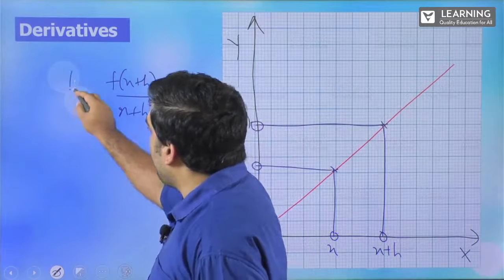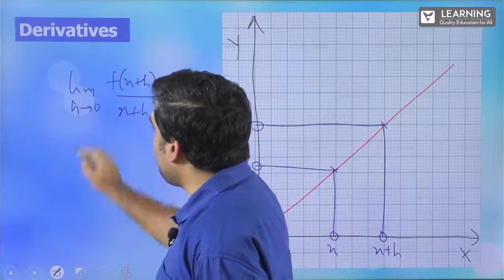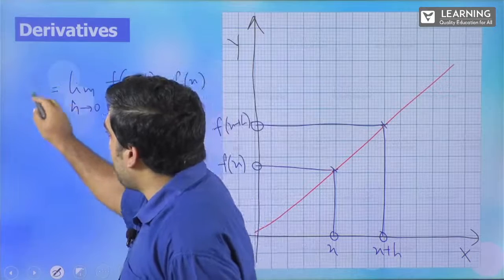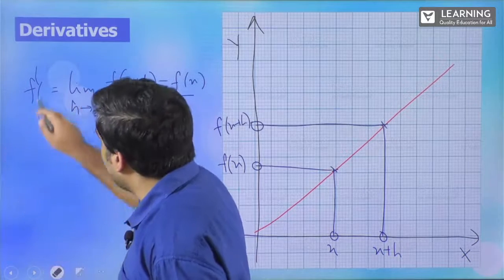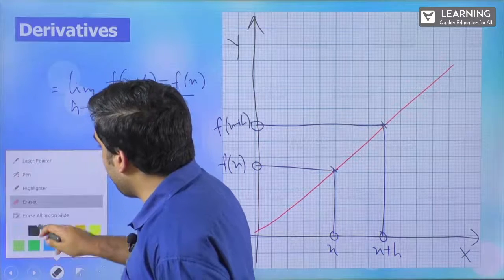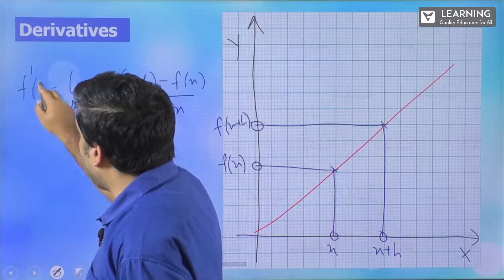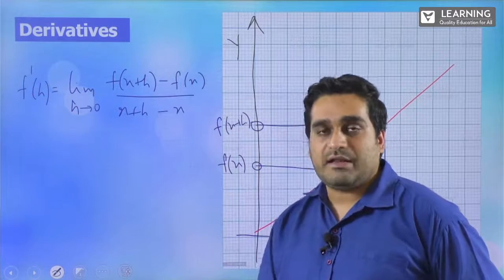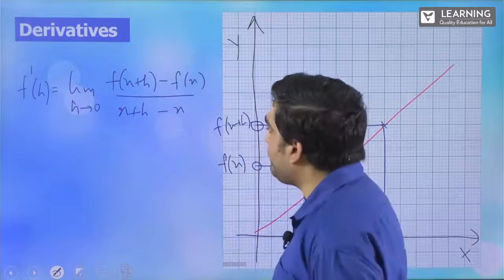So to this, we'll also apply a limit where h is tending to 0. So this is how you find a derivative, which can be written as f prime of h. F prime is to show you a derivative of a given variable, that is h.